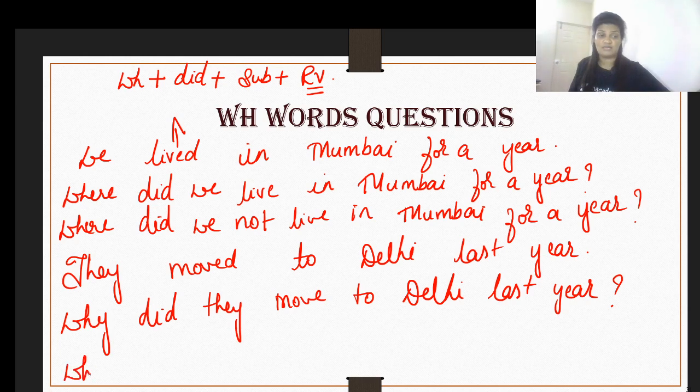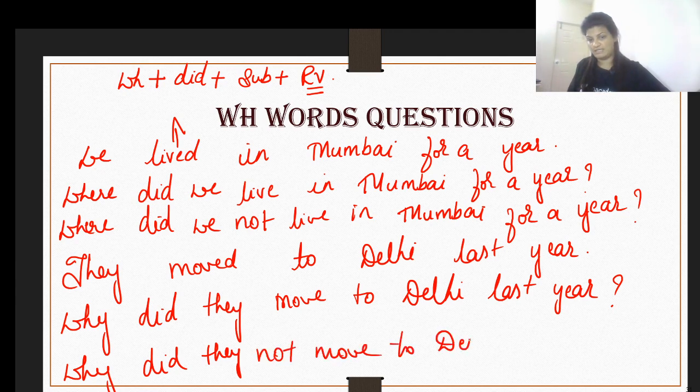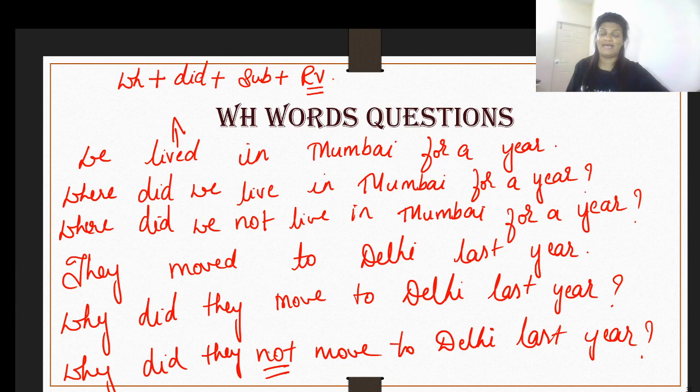How would you make that as a negative word? Why did they not move to Delhi last year? And put your full stop there. Well, did they? To make it as a negative, all you have to do is introduce the negative word after your subject over here, or soon after the auxiliary did, but then only if you are contracting that.